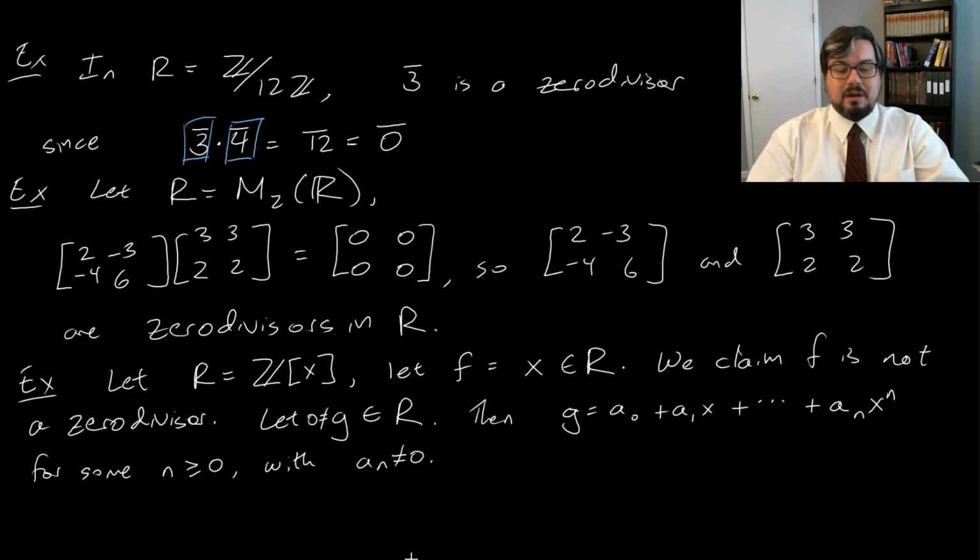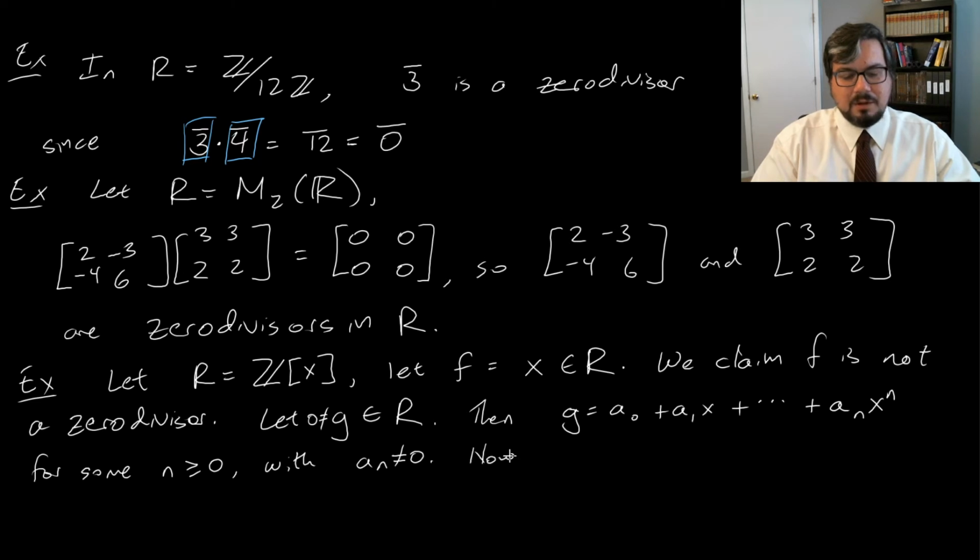We can always choose for n here to be the degree of G, and because we've specified that G is not allowed to be 0, the leading coefficient of G cannot be 0. The only polynomial with a leading coefficient of 0 is the 0 polynomial itself.